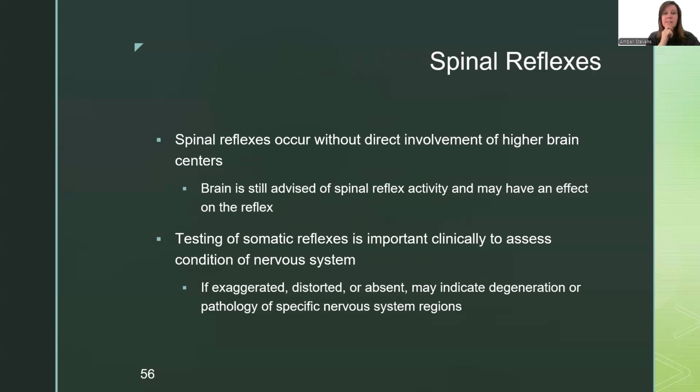Your brain is still advised of spinal reflex activity and may have some effect on the reflex. How you test somatic reflexes is important clinically, so you can assess the condition of the nervous system in general. If it's exaggerated, distorted, or absent, it may indicate that there's degeneration or pathology of a specific nervous system region, and that they would want to look at that.